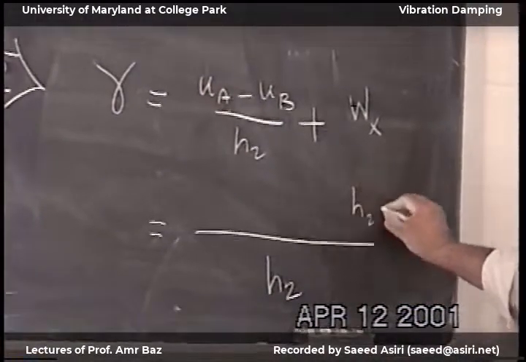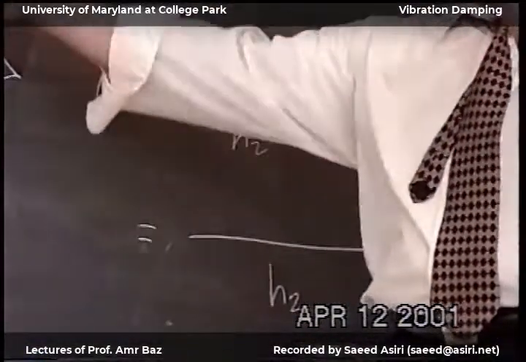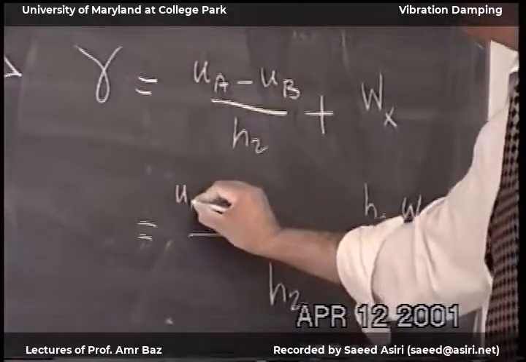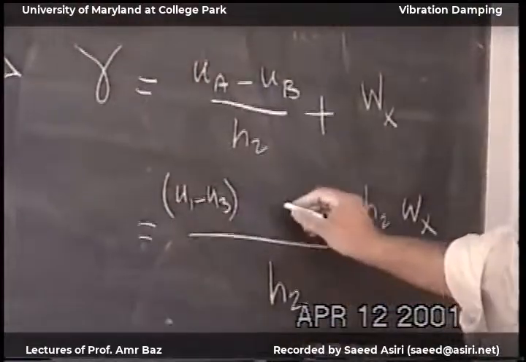This would be H2 Wx, then UA and UB are right here. I'll take the difference, so this would be U1 minus U3. The minus becomes a plus.